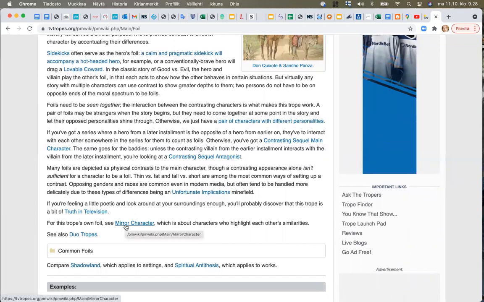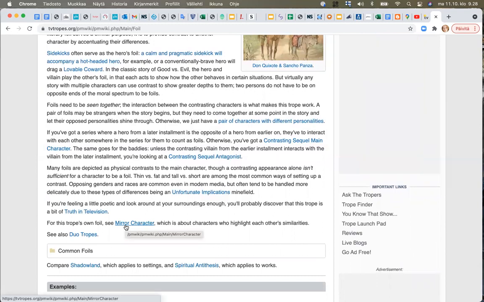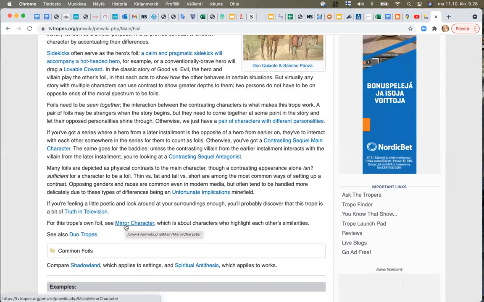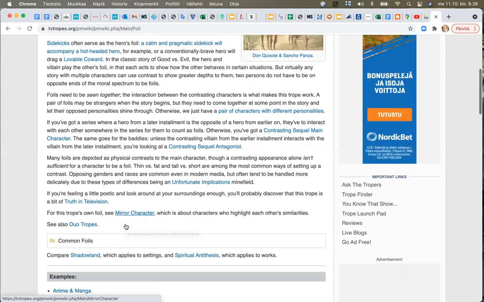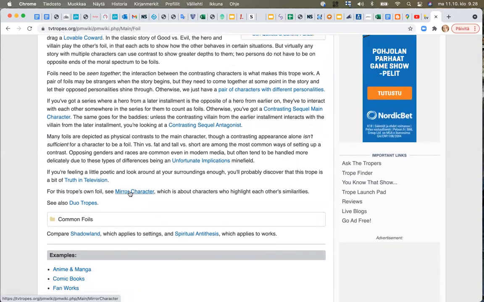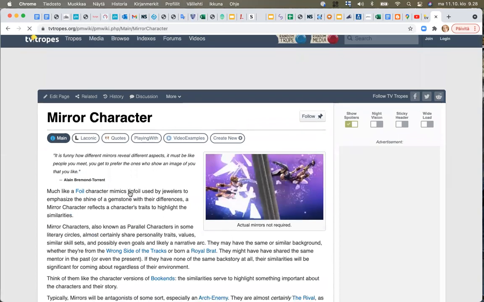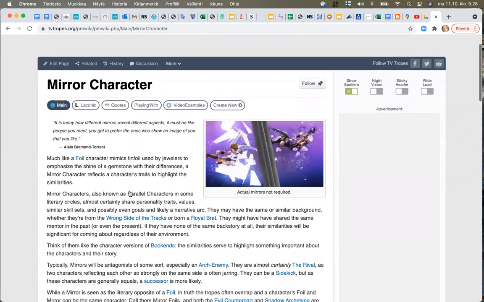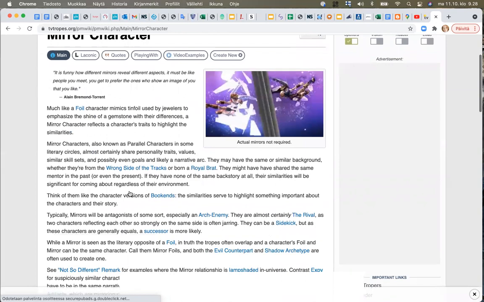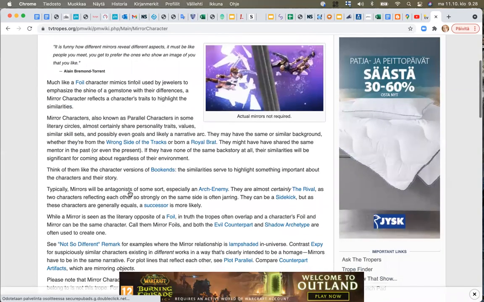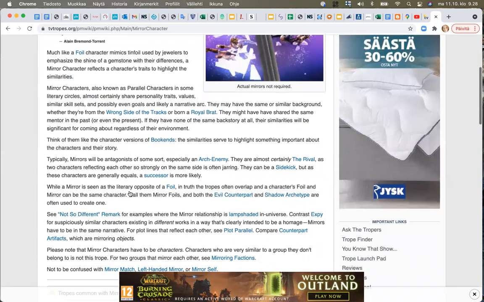And so I think the foil and the mirror character are quite close to each other, so that's why I'm putting them in one basket. Actual mirrors not required.